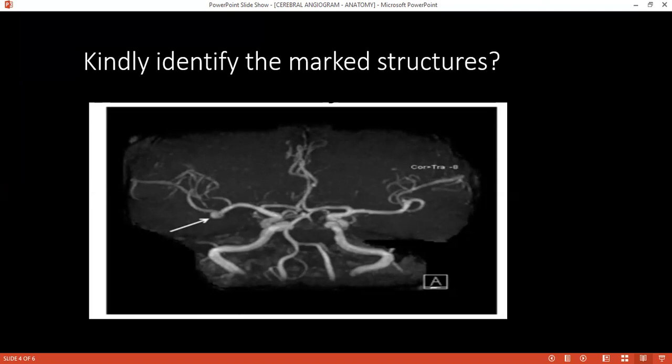All right. If a patient presents with a middle cerebral artery infarct, what would be the signs that you'll be able to recognize it with? First the patient will come with hemiparesis on the contralateral side, upper and lower. Okay.